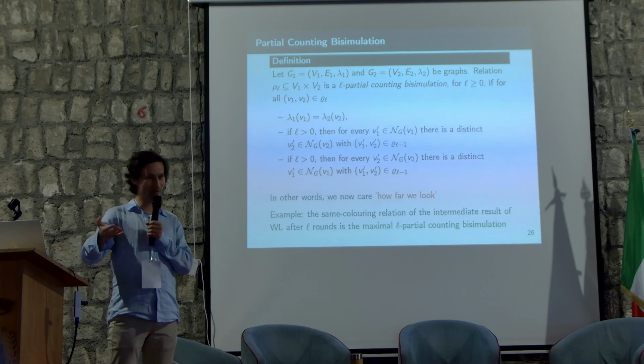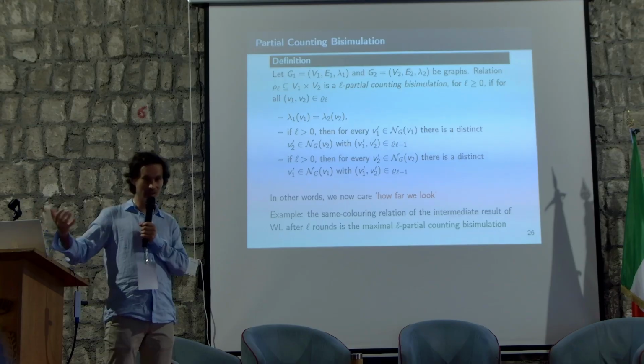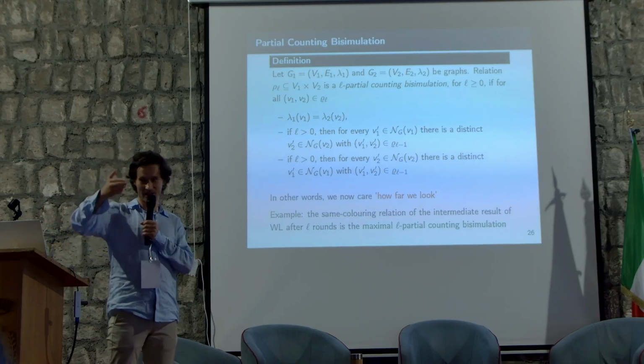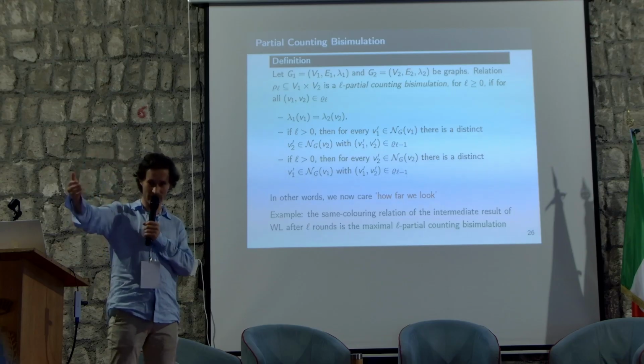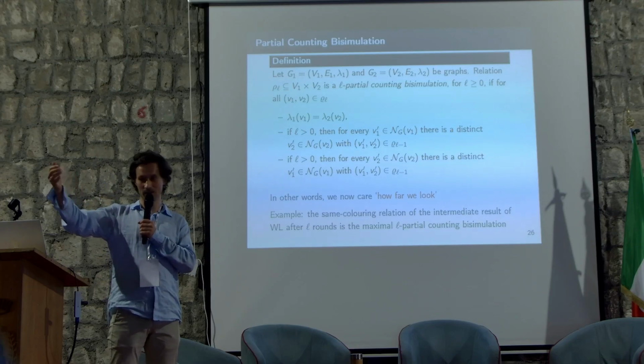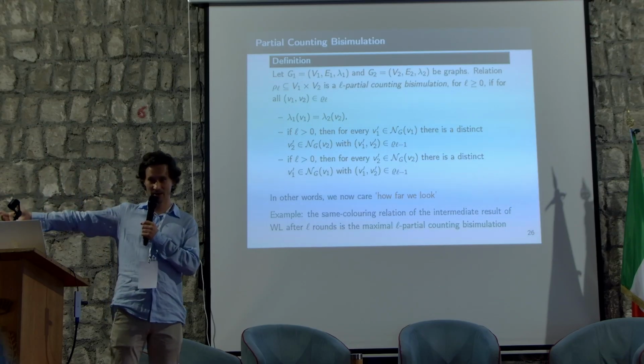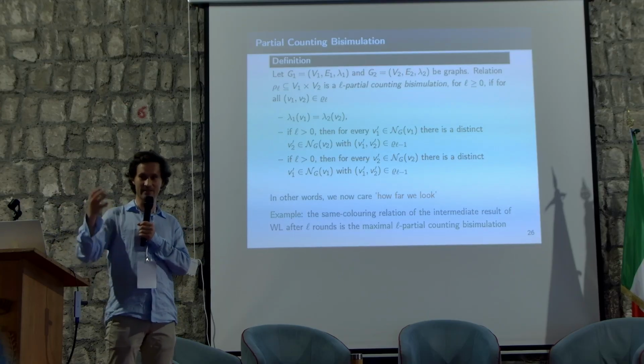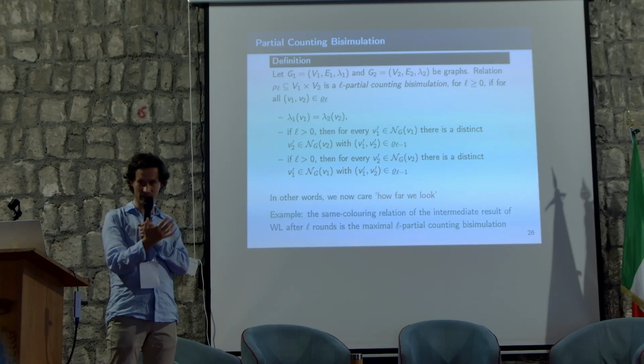So basically, bisimulation, I hope everyone understood. In counting, we respect the number of neighbors. In partial counting with the number L, we have a bound on how far we look. With counting bisimulation, we can look arbitrarily far: we need our neighbors to be bisimilar in the same way as the nodes themselves.